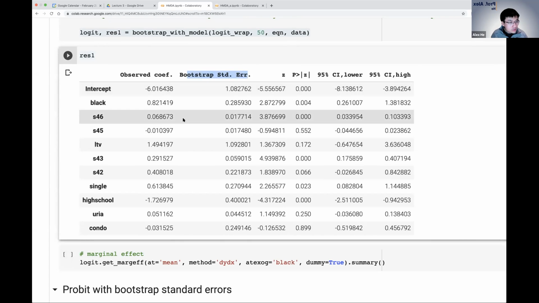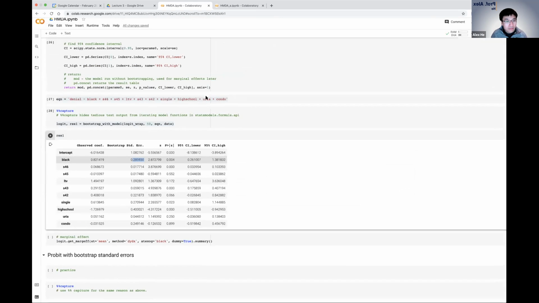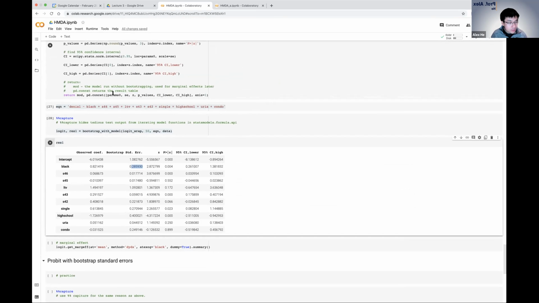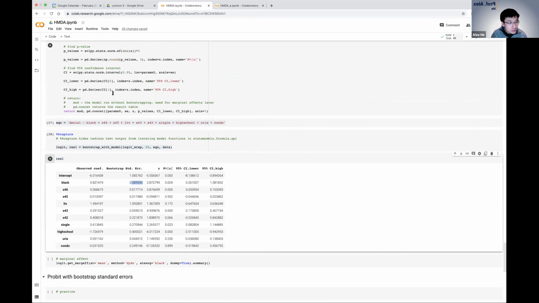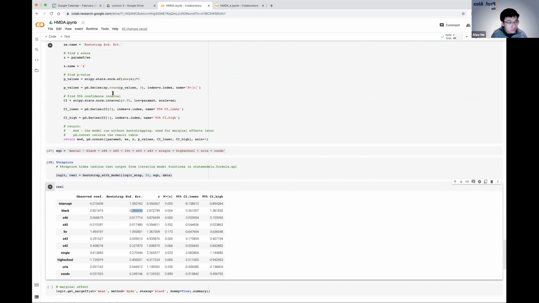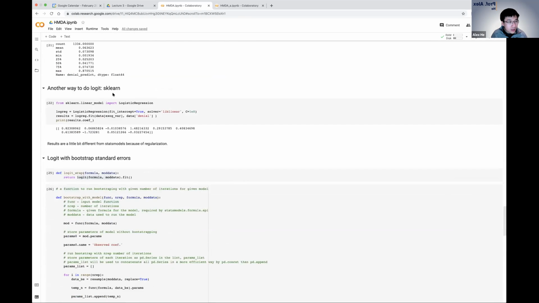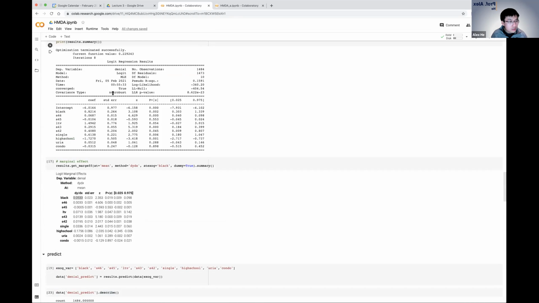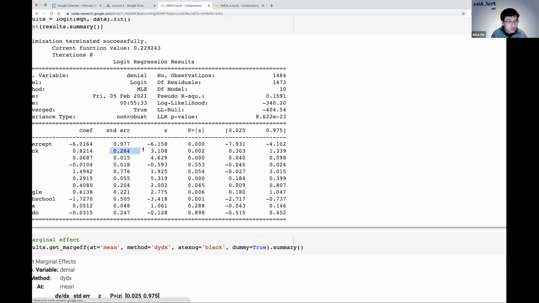Okay, so the estimate will just be the same as before, because bootstrap only matters for the standard error. And the standard error here is 0.285. Before it was 0.264.